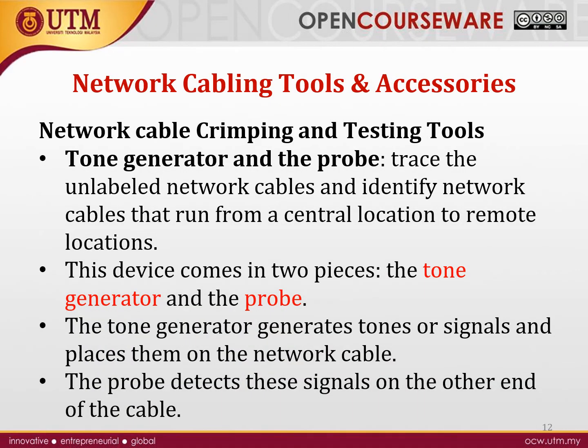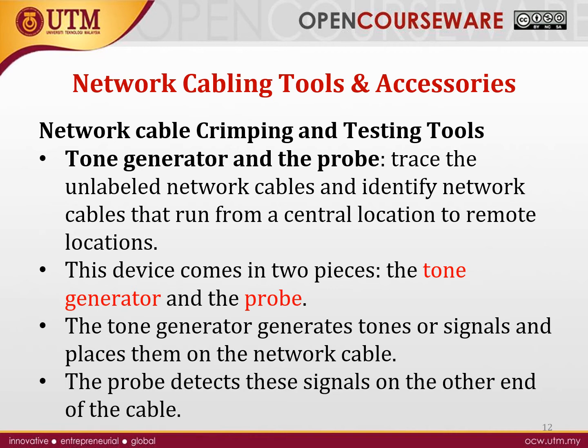And then we have the tone generator and the probe. This one actually traces the unlabeled network cables and identifies network cables that actually run from a central location to remote locations. And this device comes in two pieces, the tone generator and the probe.